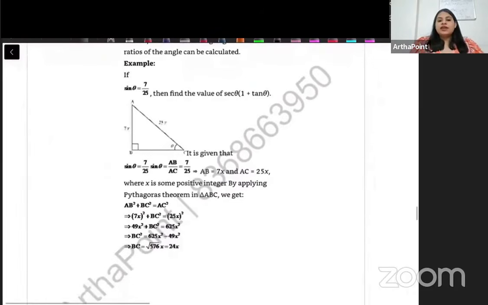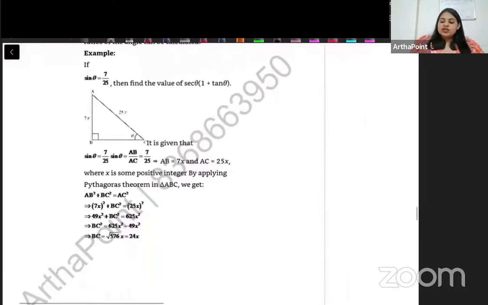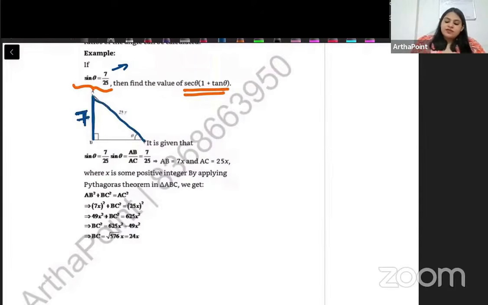Now let us go ahead and take a quick question. It says sine theta is 7 by 25. Find sec theta into 1 plus tan theta. So we know that sine theta is 7 by 25. If I take this side to be 7, this will be 25. So what will be this?